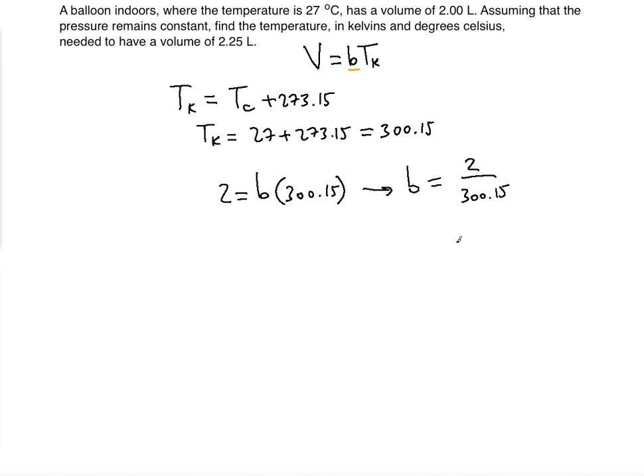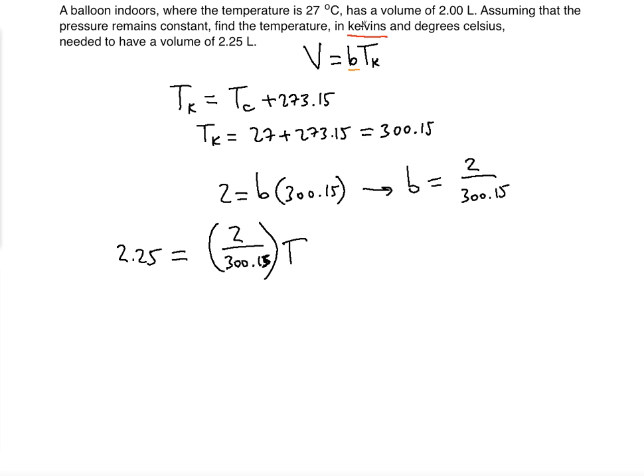Right, so now we can find the temperature needed in kelvins to have the volume of 2.25 using the same formula. So we substitute the 2.25 for V is equal to the B that we found, 2 over 300.15, times the temperature, and that's going to be in kelvins, right?